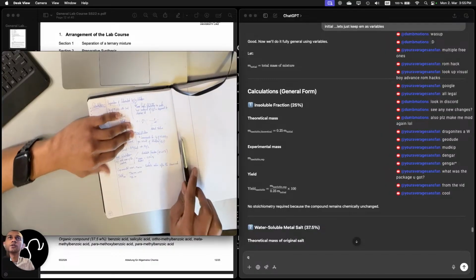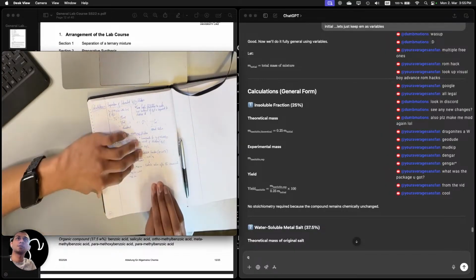That would be the value. No stoichiometry required because the compound remains chemically unchanged.